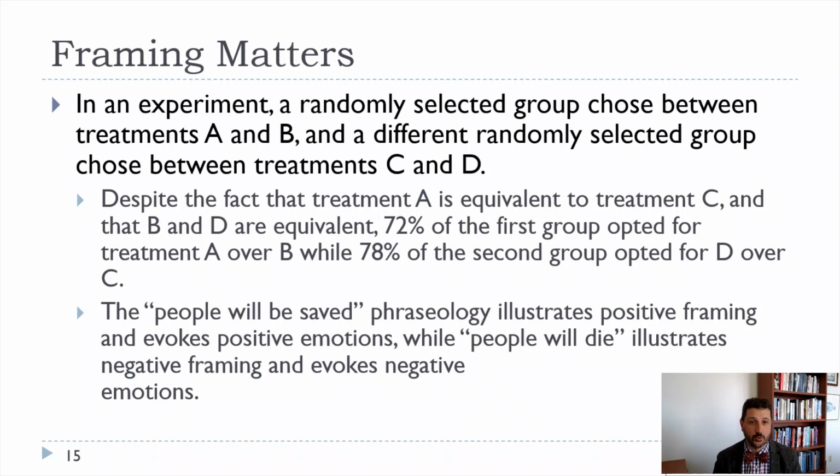Whereas in the second group, between C and D, 78% choose D over C because there's that chance that you have everybody dying. You don't want the 200 people definitely dying, even though it's really the same. People being saved is positive, that's a gain. People will die is negative, that's a loss. It evokes very different emotions and very different decisions. People have done this experiment over and over, and they find very similar results.